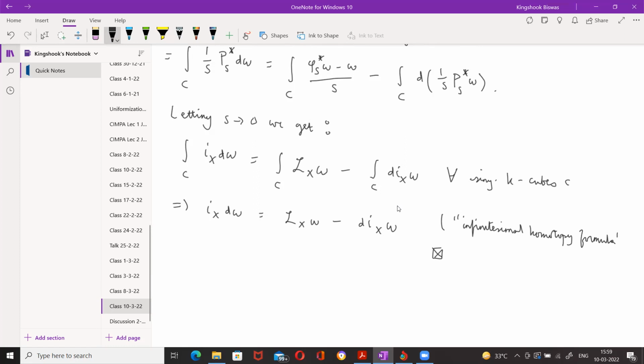Is the proof clear? What this corresponds to is the boundary of the prism. This corresponds to the boundary of an infinitesimal prism. This Lie derivative corresponds to the top and bottom of the prism.